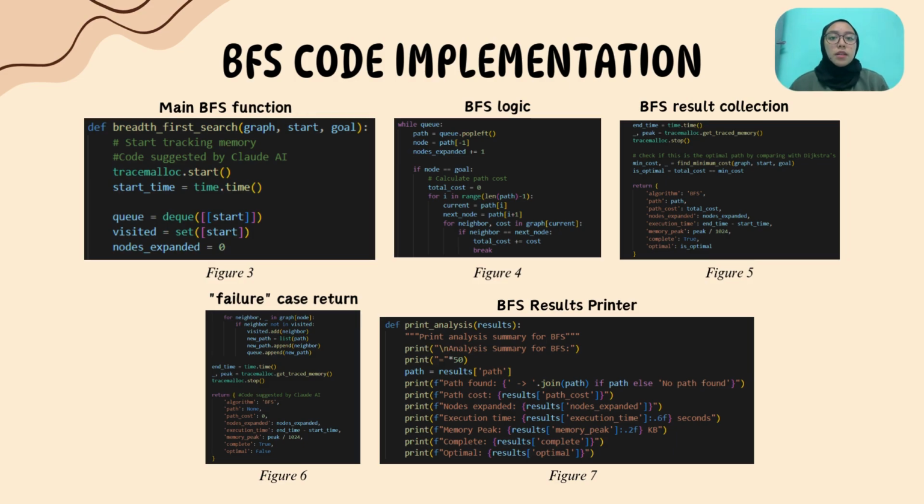In figure 7, it is the BFS result printer, where we print the analyzed summary for BFS: the path found, path cost, nodes expanded, the execution time, memory peak, the completion, and the optimality.